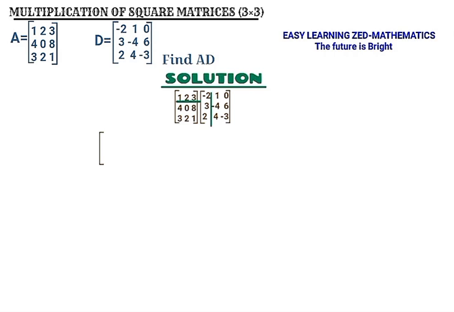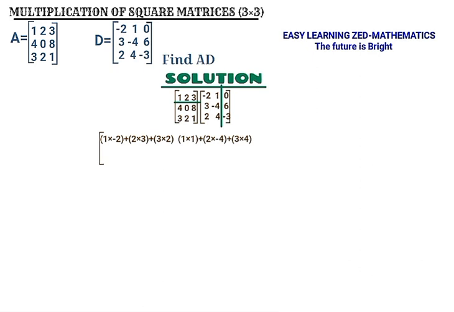So I'm going to say 1 by -2, then 2 by 3, then 3 by 2. Then I'm going to multiply the first row by the second column. So I'll still remain in the first row in the first matrix, but I'll move to the second column in the second matrix, which is going to be 1 by 1 plus 2 by -4 plus 3 by 4.